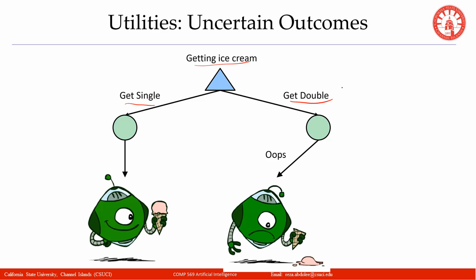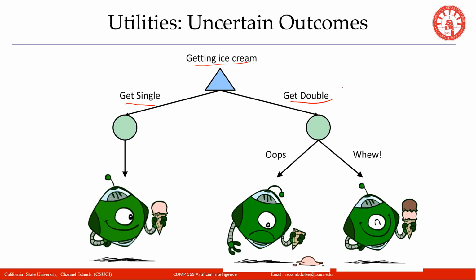But when we get a double scoop, there's a possibility of those scoops falling down, or the agent could enjoy the two scoops of ice cream. So in defining the utilities, we need to take these cases into account, so that in our decision-making process, we could decide better.